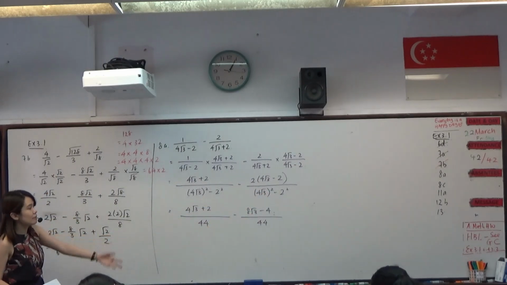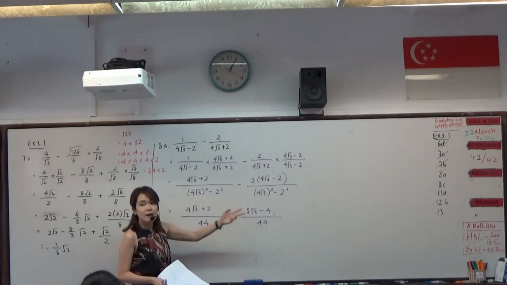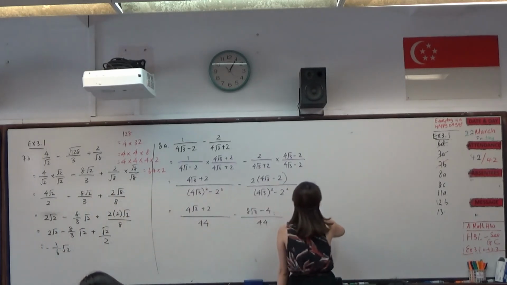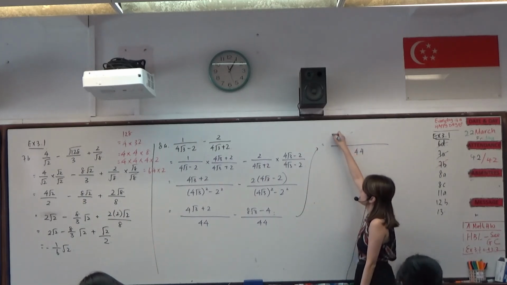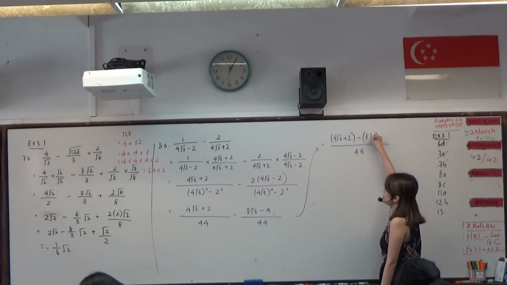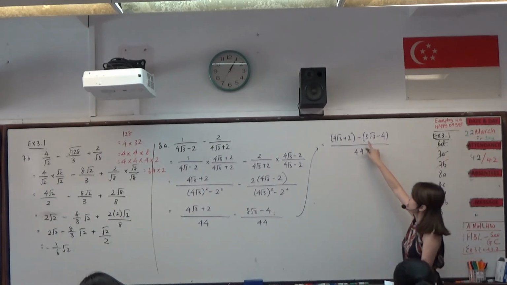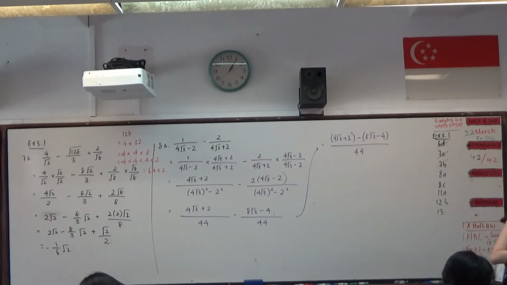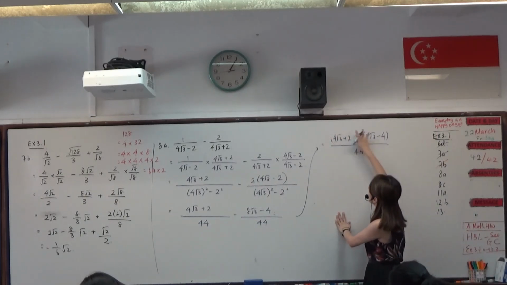Okay, so since the denominator is the same, we can subtract the numerators, but this is where we need to be very careful when I combine it into a single fraction. It is essentially 4 root 3 plus 2 minus 8 root 3 minus 4 as a whole together. So there should be brackets. One common mistake that tends to be made is that you don't put the brackets.